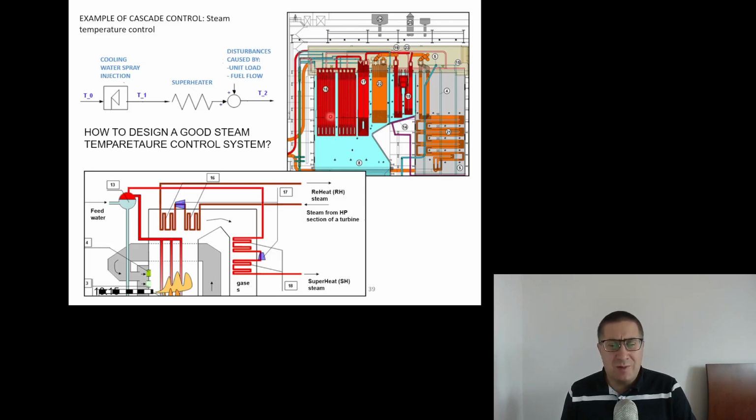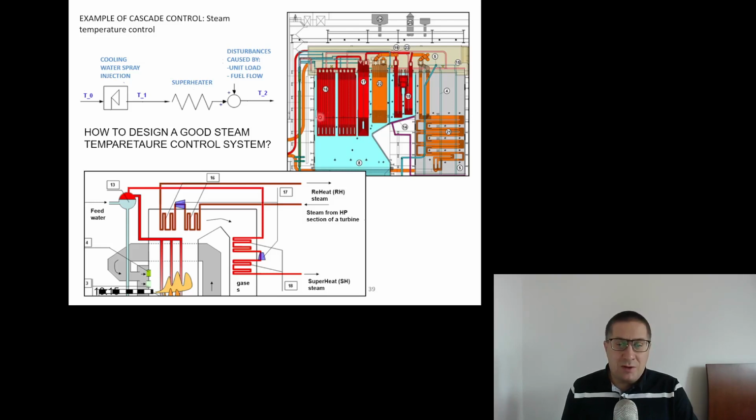We have a lot of pipes here, and here we have hot gases from the combustion chamber, and there is a heat transfer from those hot gases to the steam in those superheaters. So the more hot gases fly here, the higher the heat transfer. And of course, the higher the heat transfer, the higher the temperature on the outlet of the superheater.